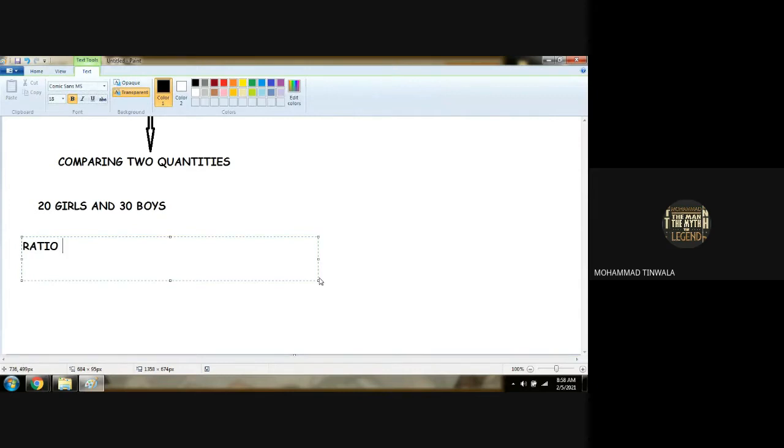Ratio of number of girls to number of boys. How can I write the ratio? Number of girls is 20 is to 30.